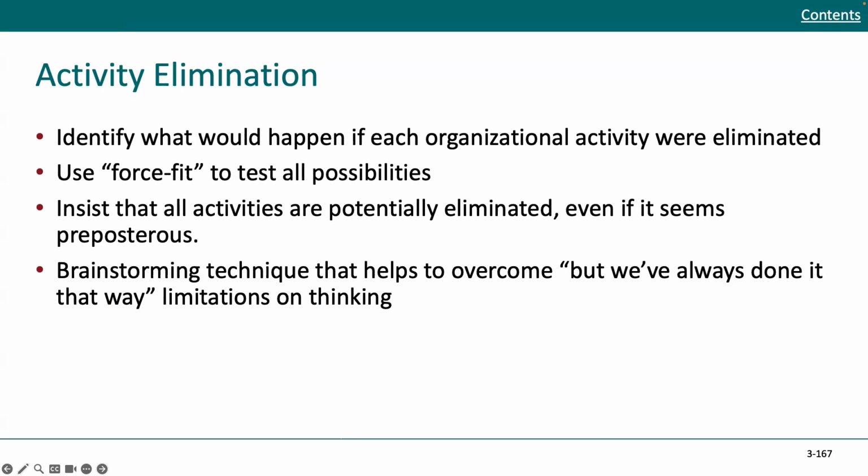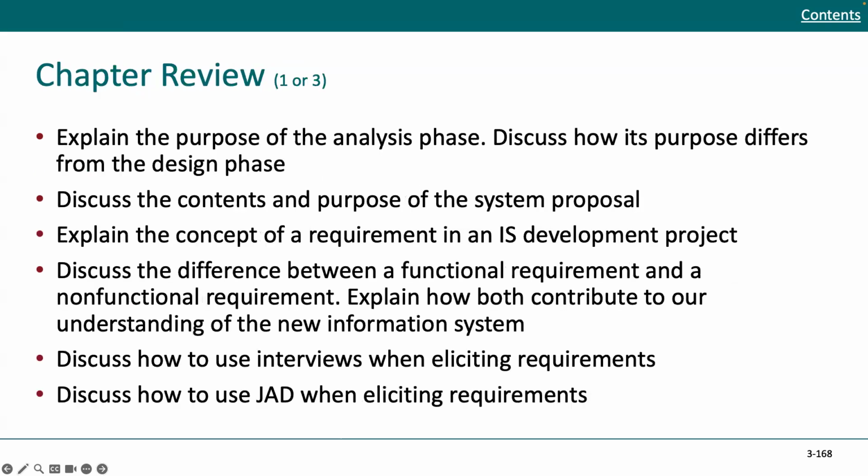So you're being rigorous in your activity elimination. And finally, the brainstorming technique that helps to overcome the "but we've always done it this way" limitations on thinking. So you want to be pushing a little bit beyond that, so you can have true possibilities for reimagining what you would be doing and how you would do it.